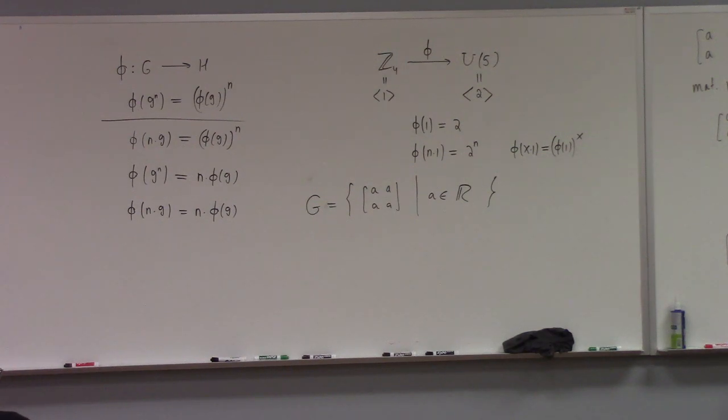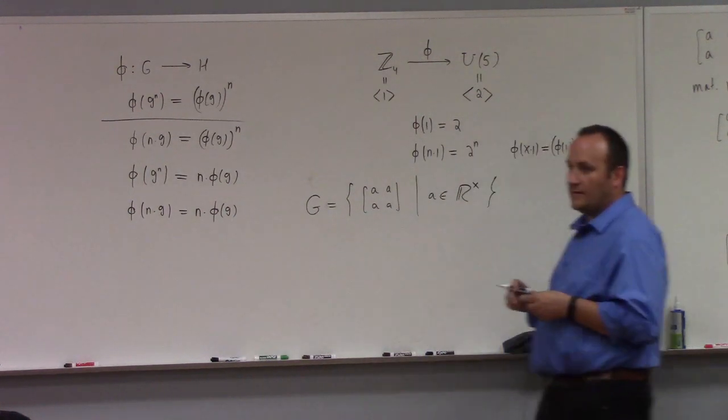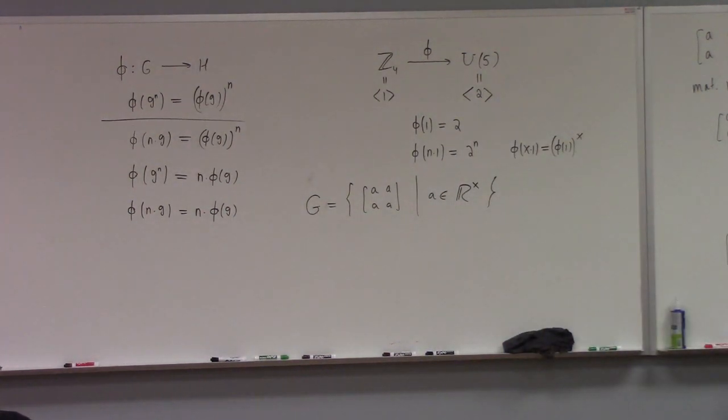The inverse of this is 1 over 4a, 1 over 4a, 1 over 4a, 1 over 4a. And that is an element of G because G, properly stated, is non-zero reals. So there you go. We got closed, we got associative, we got an identity, we got inverses, we got a group.